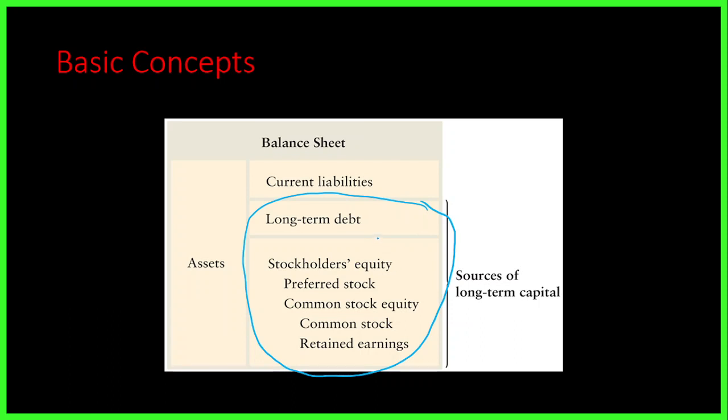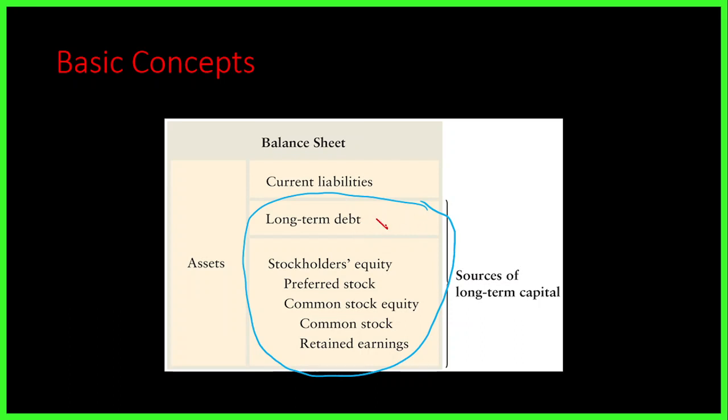But for financial management, every time we use the term capital, we are referring to your long-term sources of capital or major sources of financing. And that includes now your long-term debt. So, if you try to look at this, what are now the major sources for our long-term capital?